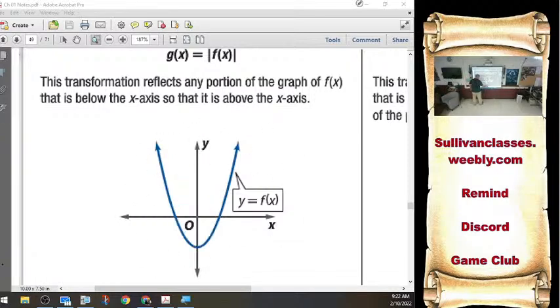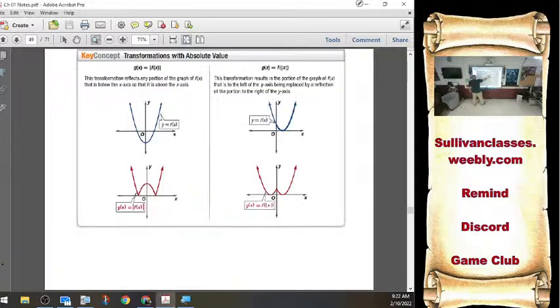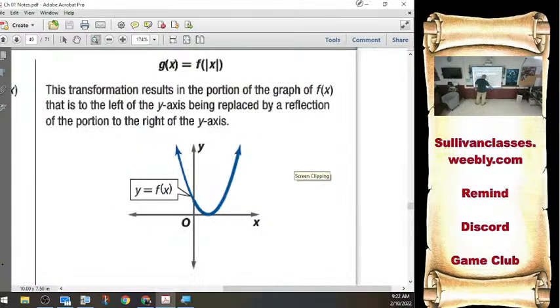Now, if I absolute value just the x, I'm saying, doesn't matter what I put in for an input, I'm going to get the positive version output. So if I put in a -1, I'm not getting that. I'm getting what I got at +1. If I put in -2, I'm not getting this. I'm getting what I would have had at +2.